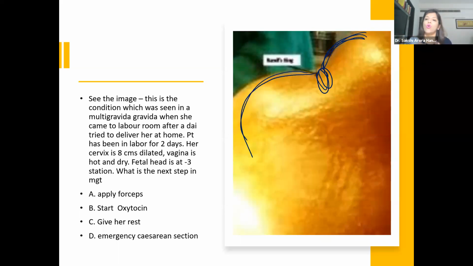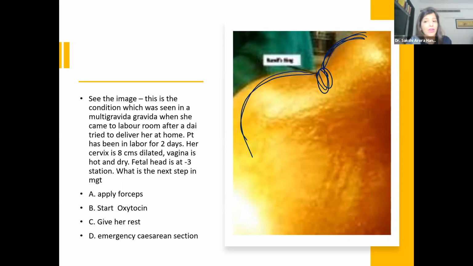So you think that always in clinical questions also you have to say that the active phase begins at 4 centimeters. No. In all clinical questions, you are going to follow the ACOG criteria. ACOG criteria is American College of Obstetrician and Gynecologist criteria, which is that active phase begins from 6 centimeters dilatation.